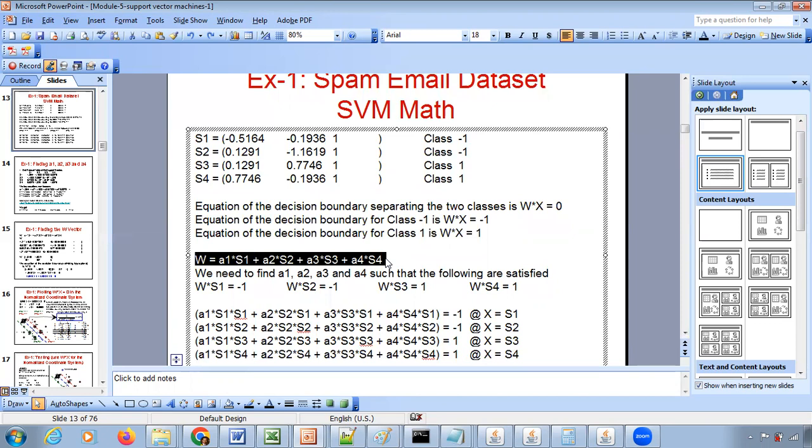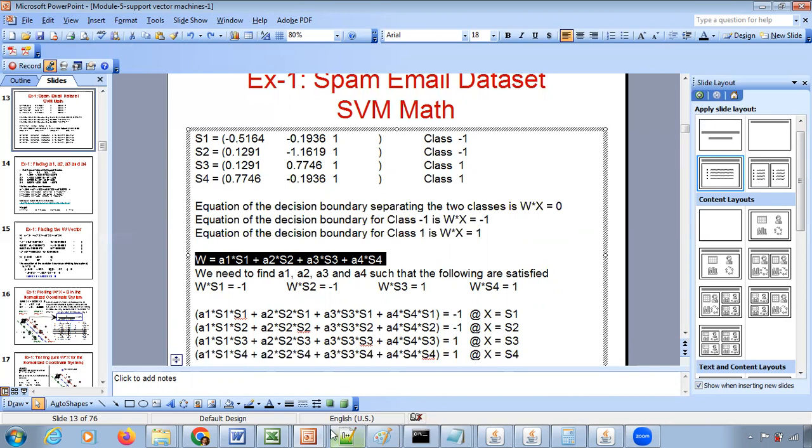Since we chose 4 support vectors, we are going to assign 4 coefficients, 1 for each support vector, and write the weight vector as A1 times S1 plus A2 times S2 plus A3 times S3 plus A4 times S4.